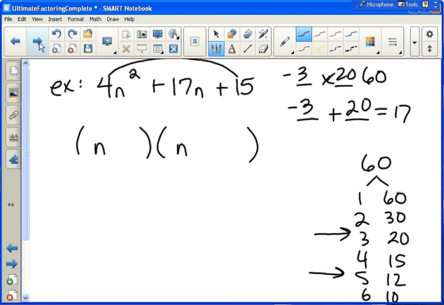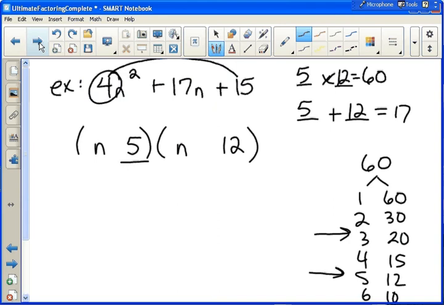So that's no good. So it's going to need to be 5 and 12, because positive 5 and positive 12 equals positive 17. Positive 5 times positive 12 gives you 60. So I put the 5 and the 12 here, and then I look at this number, and I divide both of them by that number. Sorry, we do know those are positive.